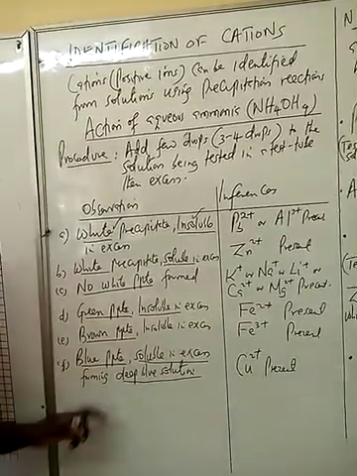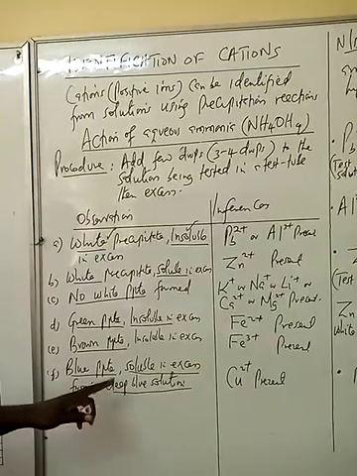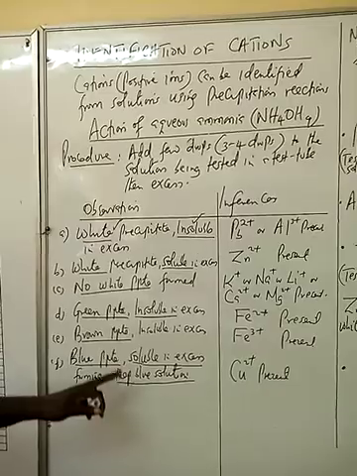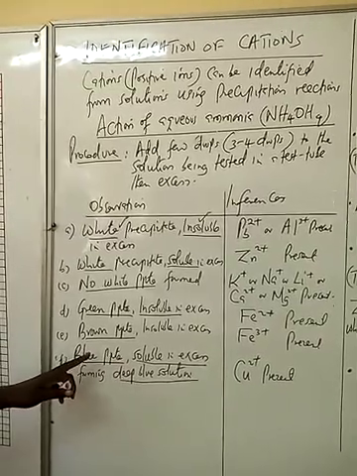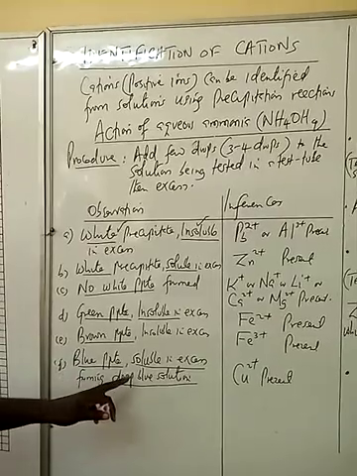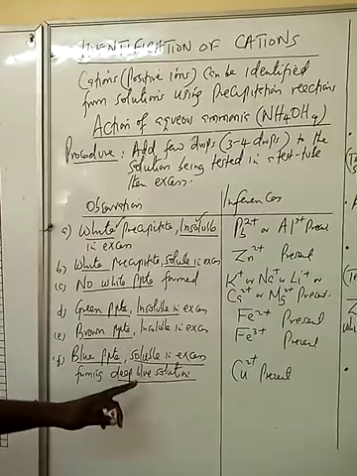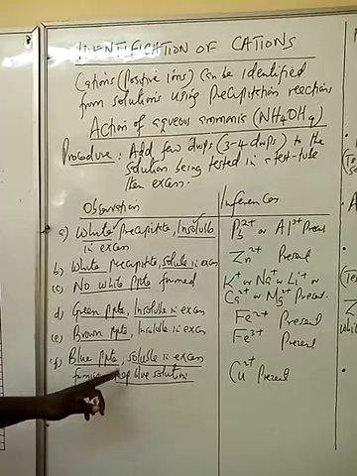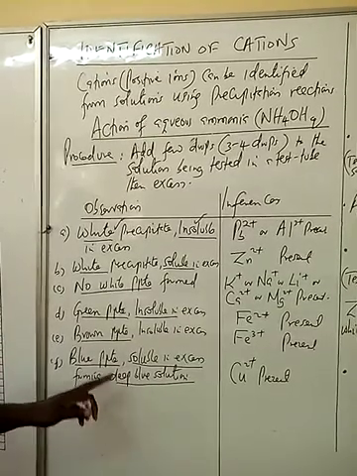Why is it dissolving in excess? It dissolves in excess because it will form copper 2 hydroxide. And the copper 2 hydroxide formed will react with excess ammonia, forming a complex salt called tetraamine copper 2 ion.